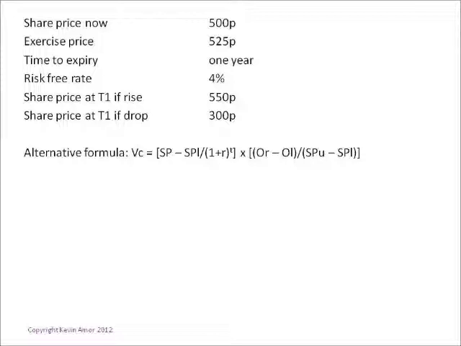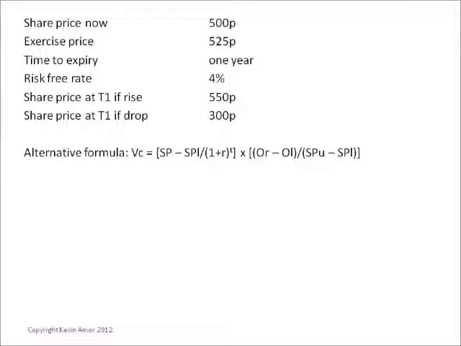Now there is another formula which you may or may not find more useful. The value of the option now is the share price now minus the lower share price discounted to today, multiplied by the payout if it goes up minus the payout if it goes down, all divided by the share price if it goes up minus the share price if it goes down. So let's input everything into that.